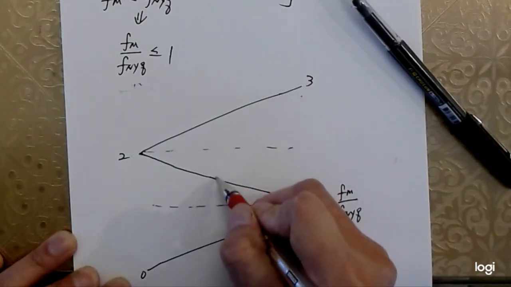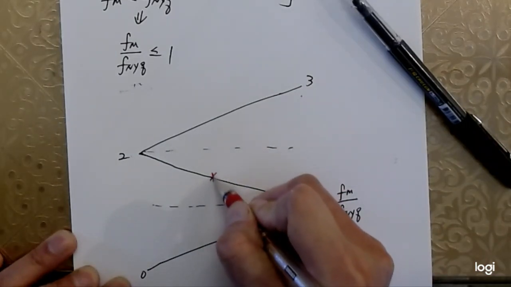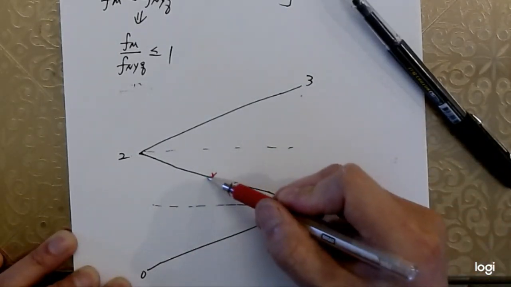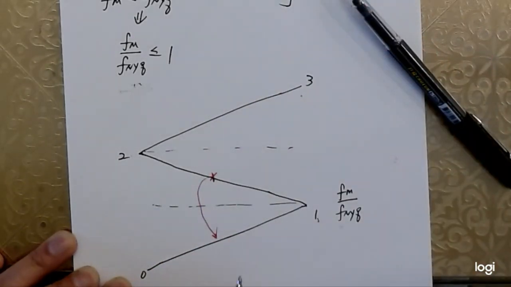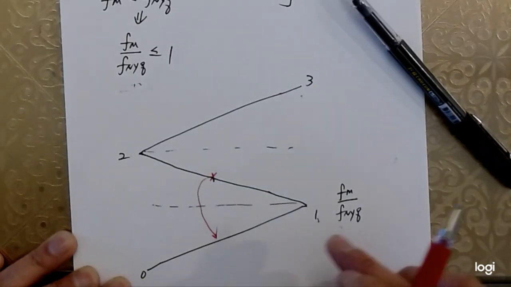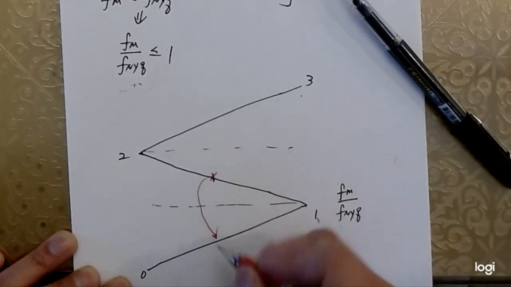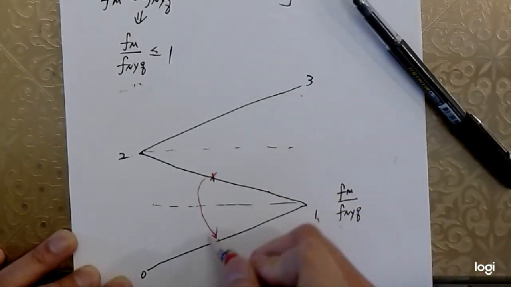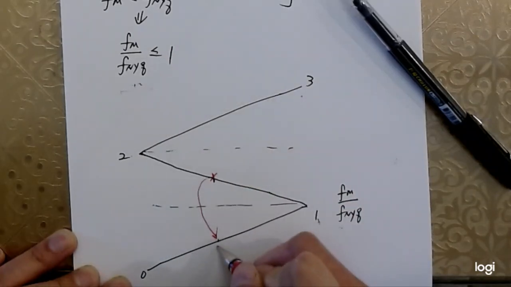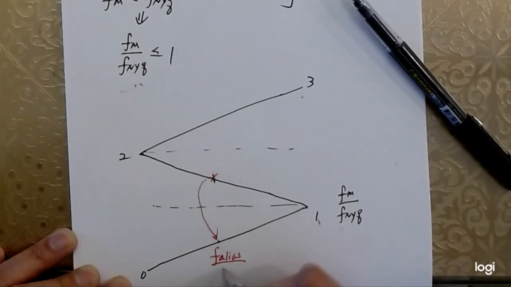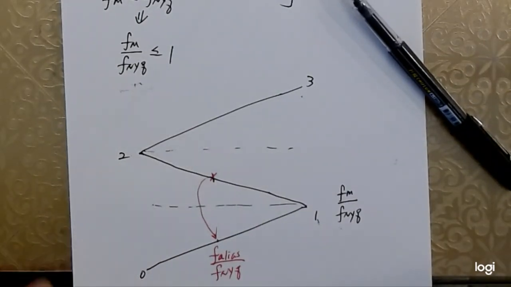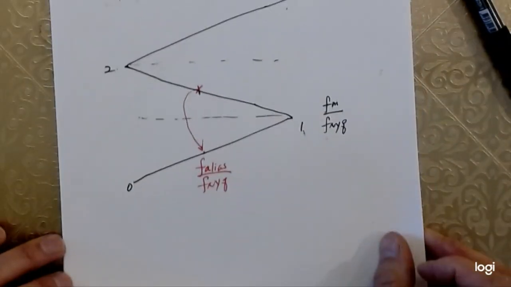If I have a ratio right here, it will fold back to the 0 to 1 range, which is this point right here. That will give us the so-called alias over the Nyquist frequency in terms of ratio.